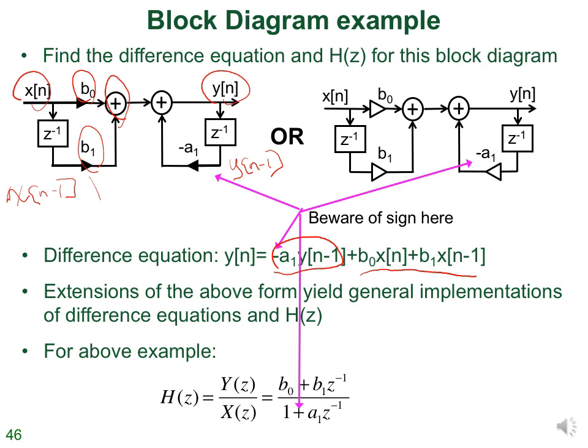And now I can take the z transform of both sides of this equation. And of course, I get y of z equals minus a1 z to the minus 1 y of z plus b0 x of z and plus b1 z to the minus 1 x of z.